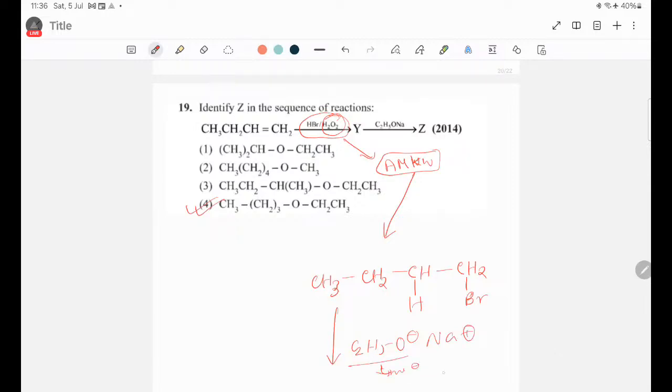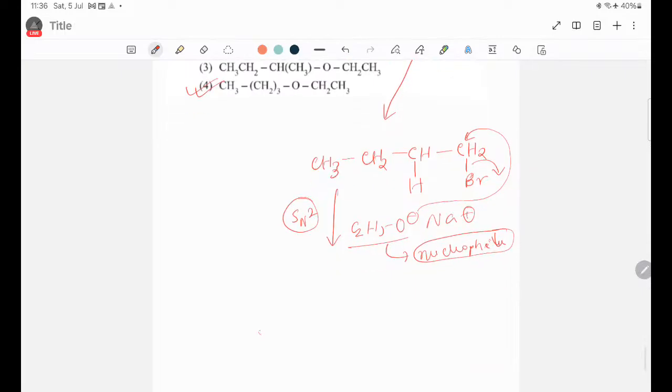It will not act as a base, it will act as a nucleophile, and it will give an SN2 reaction. So it will attack this carbon and the bromine will be removed. Then you will get the product CH3CH2CH2CH2OCH2CH3.